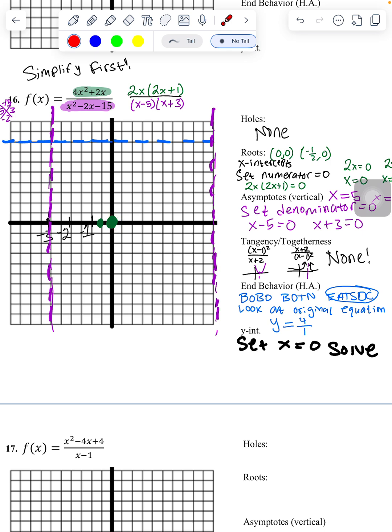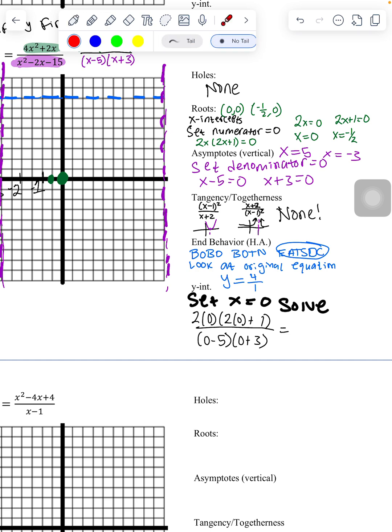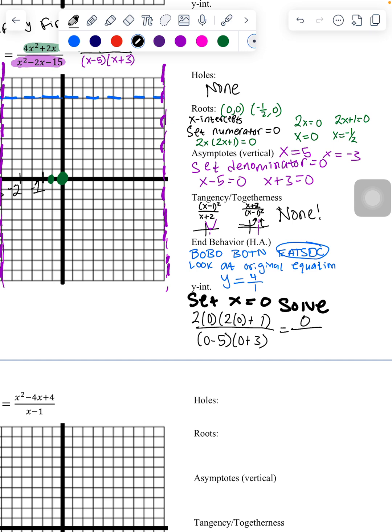But just to go over it real quick to make sure everyone knows what I'm talking about, we'll have 2 times 0 times 2 times 0 plus 1 all over 0 minus 5 over 0 plus 3. Simplify just a little bit. This whole top becomes 0, and that bottom turns into negative 15, but 0 divided by anything just gives me 0. So our y-intercept is indeed at 0.